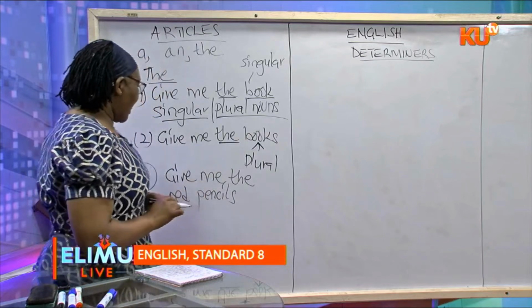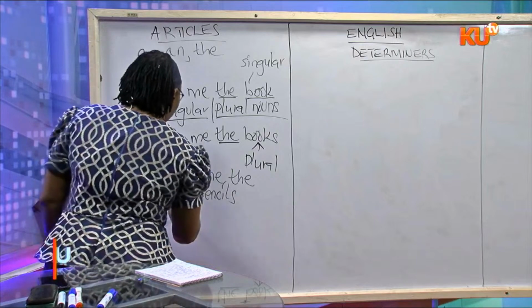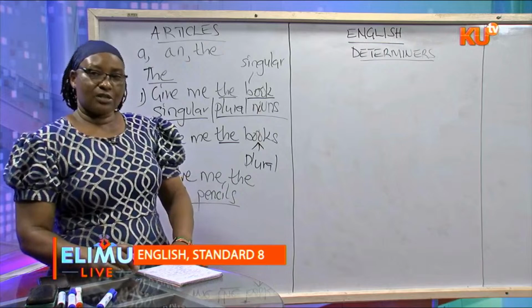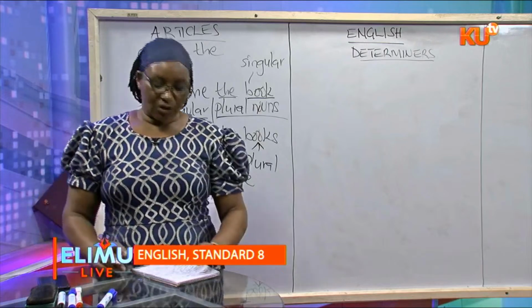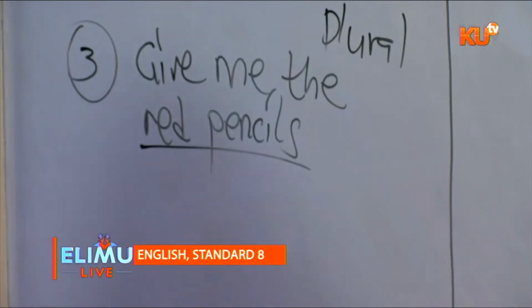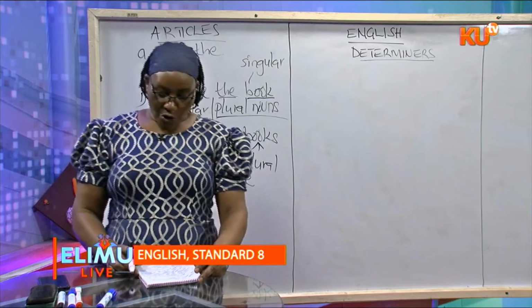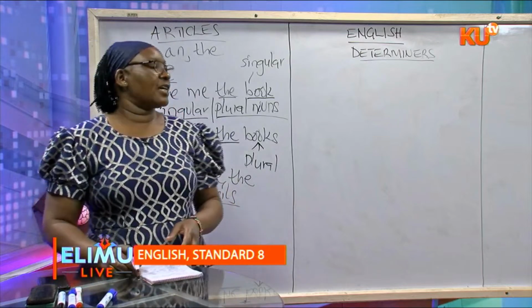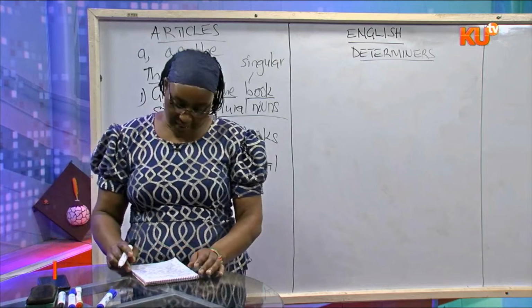The person is asking for only the red pencil. So the article the, in this case, we have seen it is used with both singular and plural nouns, and refers to a particular or specific noun which is known to both those people, the person who is asking and the person who is to give the item.